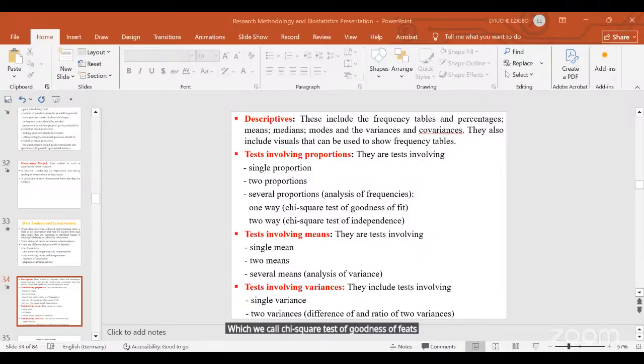Let's assume, I want to make a little illustration there. Let's assume that I'm interested in studying the distribution of patients that are suffering from a particular ailment, their distribution in terms of their blood group. Okay? We want to find out, are there some blood groups that are more prone to this particular ailment than others?